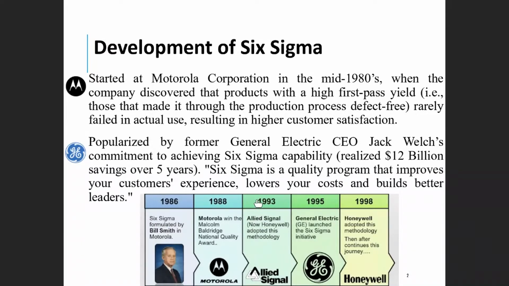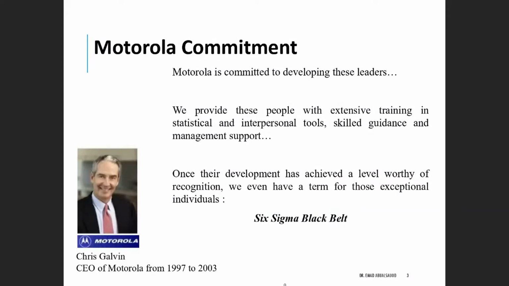Until today, Six Sigma is implemented not just to reduce variability, which is the main focus, but also to develop the human resources in your organization. The CEO of Motorola, Chris Galvin, says that Motorola is committed to developing these leaders.